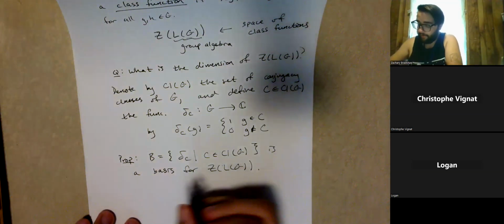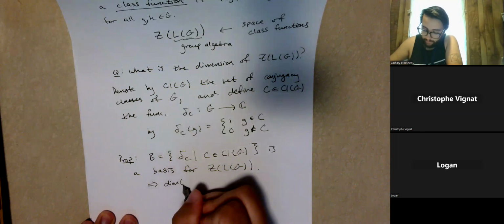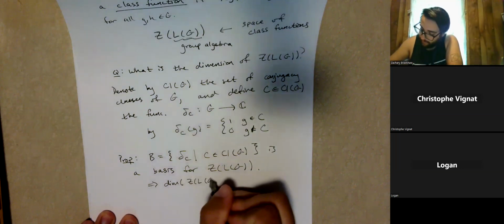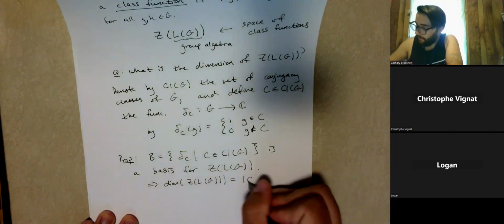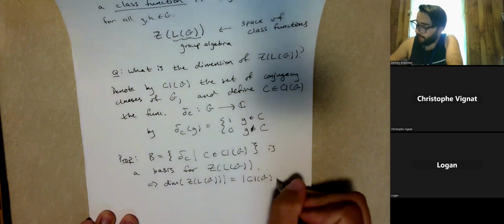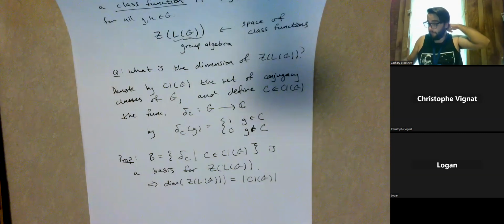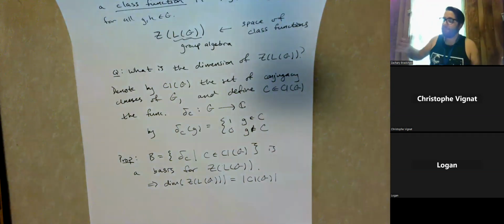So a consequence of this is that the dimension of this space is equal to the order of the conjugacy class set. Or sorry, it's not a space; it's a set. So it's equal to the number of conjugacy classes.